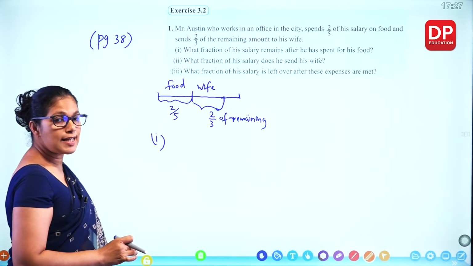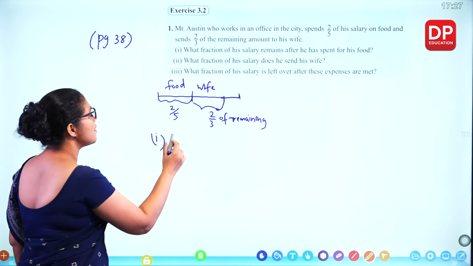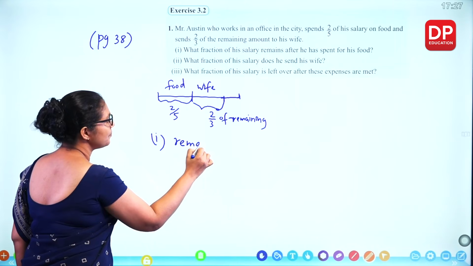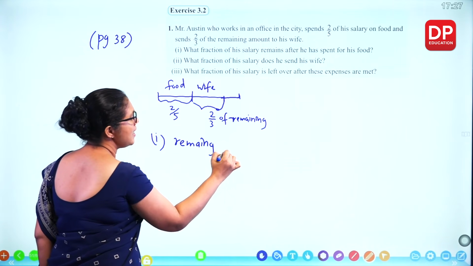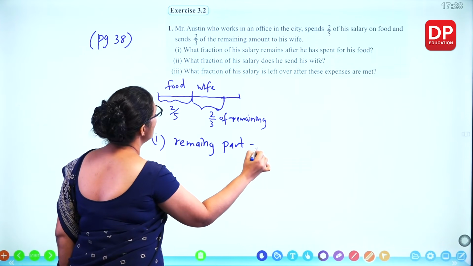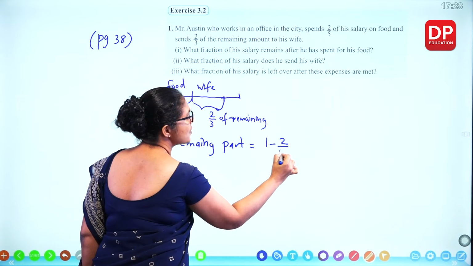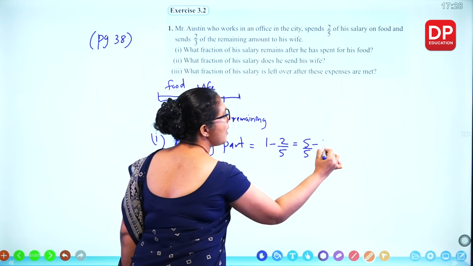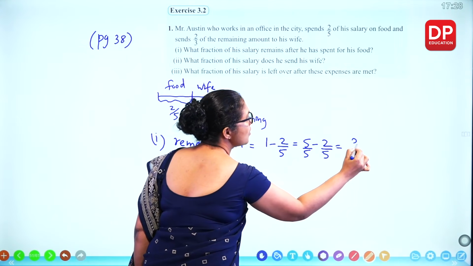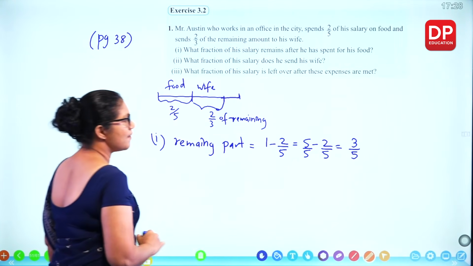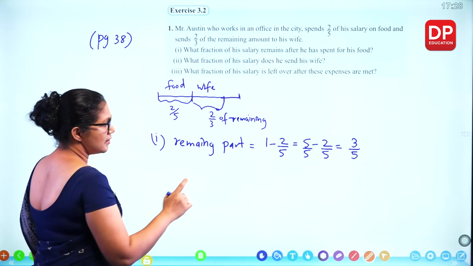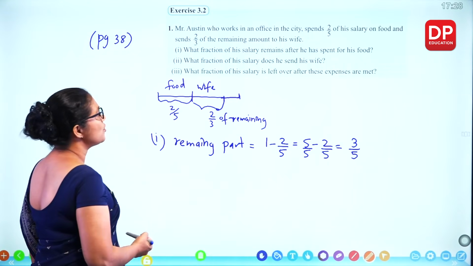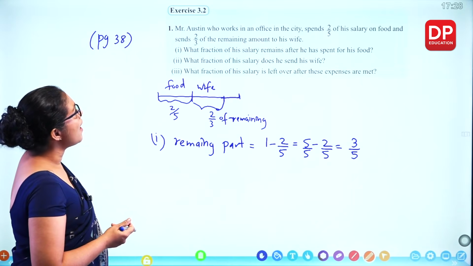For food, he spent 2/5. So what is the remaining part? The remaining part is equal to 1 minus 2/5. So full parts we can take as 5/5 minus 2/5. You get 3/5. 5 minus 2 straight away you can do. So that's the remaining part.